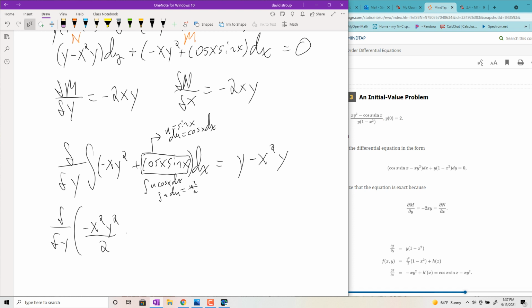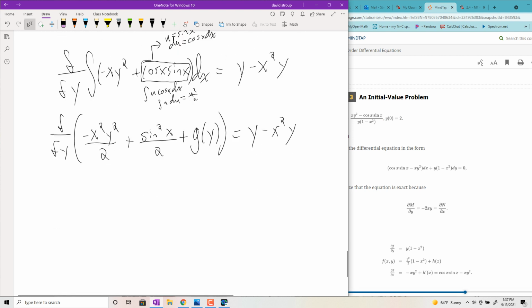Back subbing, then you get plus sine squared x all over 2 plus this g of y thing that we always worry about, and then that's y minus x squared over y. Take the partial with respect to y, so you get negative x squared times 2y all over 2.